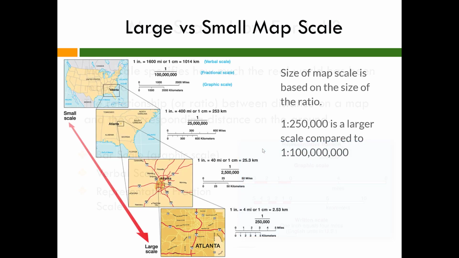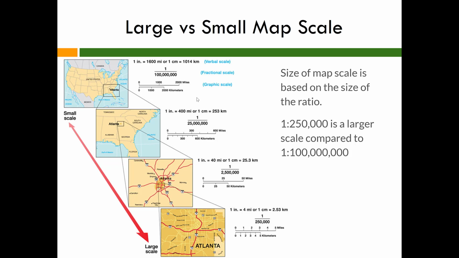Last lecture we studied this already. Small scale means this ratio is small, but you see more area. You see more area, but this ratio is large because 1 inch can only represent this many inches. If you convert it, it equals fewer miles or fewer kilometers, that is why you see a smaller area.